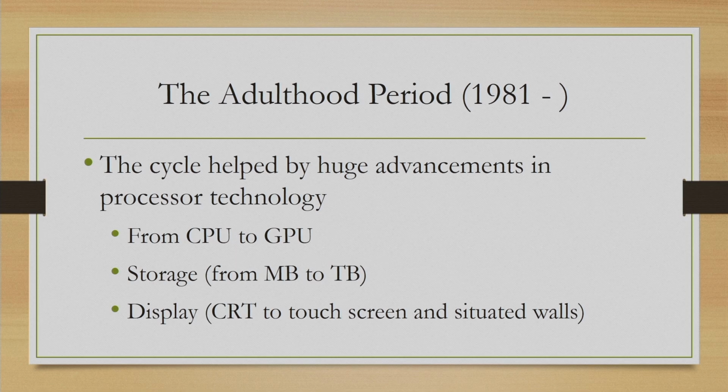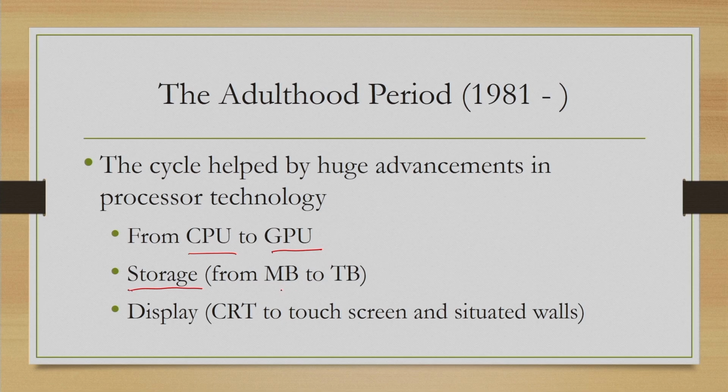And as a result of this self-sustaining cycle of development, other associated developments took place. So, from CPU we migrated to GPU, or graphics processing units, dedicated hardware for graphics. Storage capacity improved significantly to be able to store and process the large amount of data required for 3D realistic graphics.